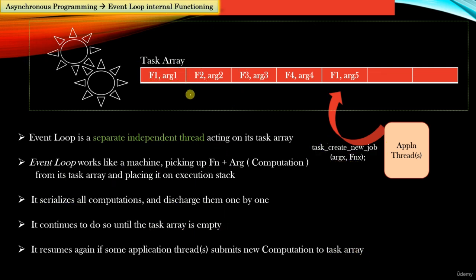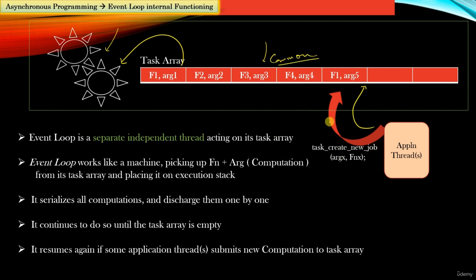Now from this overall design, you can see that the event loop thread takes up the computation from the task array and fires it, whereas the application thread queues up new computation into the task array. So we can realize the producer-consumer pattern here. This is the common data structure.